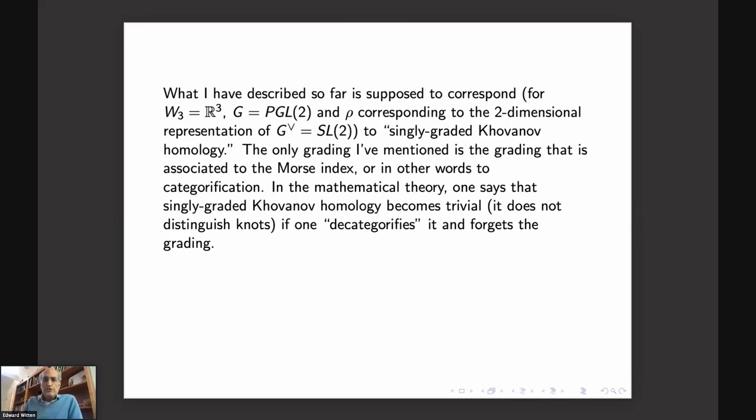It doesn't distinguish knots if one decategorifies it and forgets the grading. What that means here is that if we decategorified, then the embedded one manifold did not have to be in the three manifold W3. It can move arbitrarily in the four manifold, so it can be unknotted. That's the explanation from this point of view, that the singly graded theory has no information if you decategorify it.